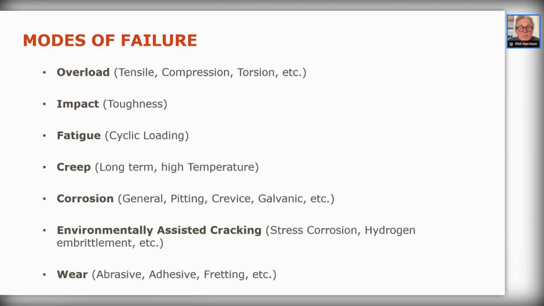That can also be used to protect materials, by the way. But we have the general corrosion, pitting corrosion, crevice corrosion. These could all be classed as microgalvanic corrosion cells in the way they behave. Then we have environmentally assisted cracking, stress corrosion cracking, which happens under specific conditions.